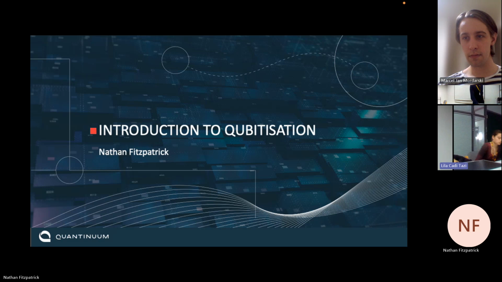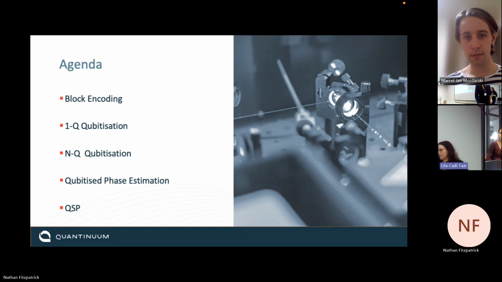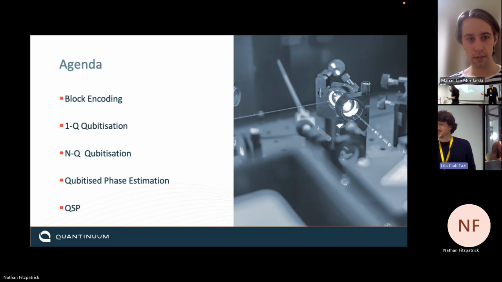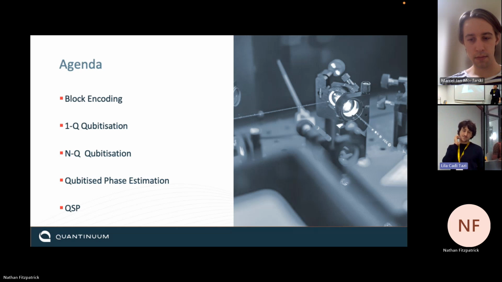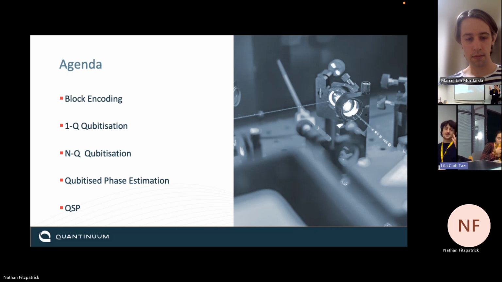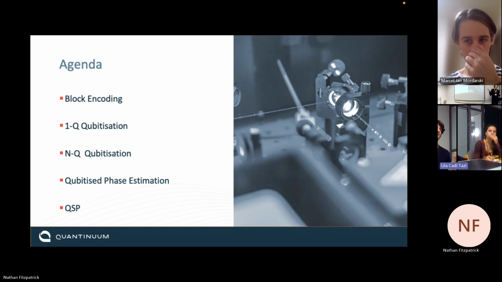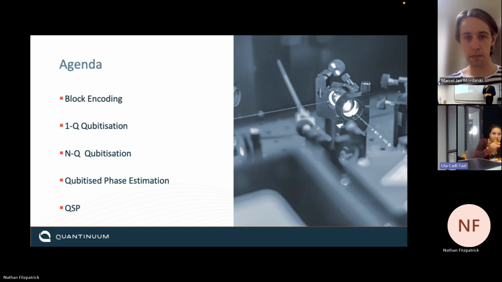So, block encoding is essential to this idea. Essentially how you get a matrix into a circuit, and then Qubitisation is really the first use case of doing something interesting with a block encoded matrix inside a circuit.